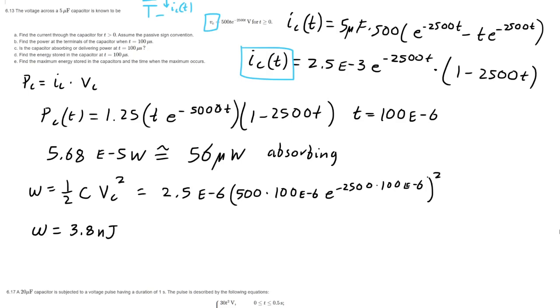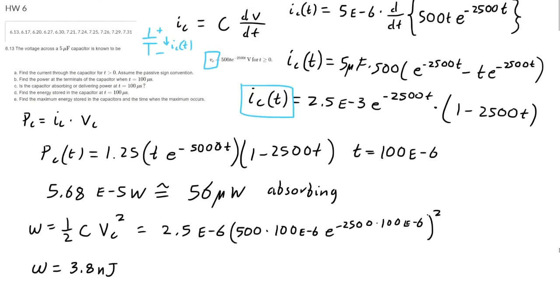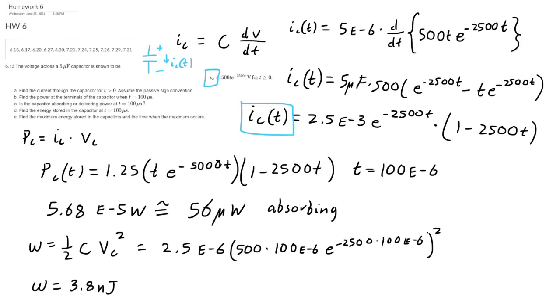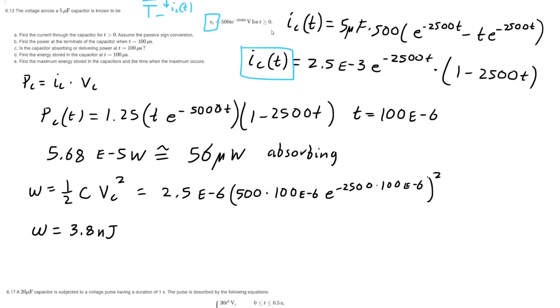Now I've got to calculate the maximum energy stored in the capacitor and at what time that happens. This is basically an optimization problem. We're going to take the derivative of the work and set that equal to 0 for the maximum.